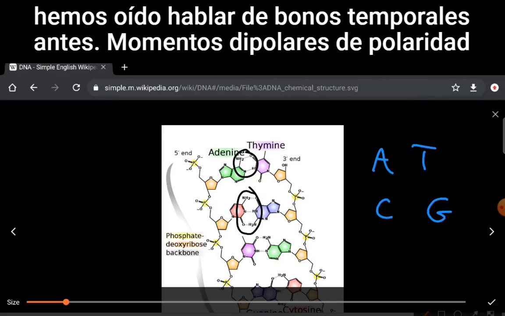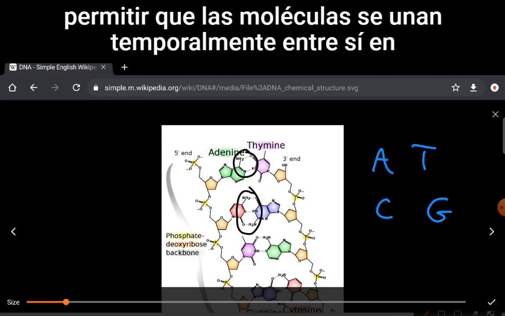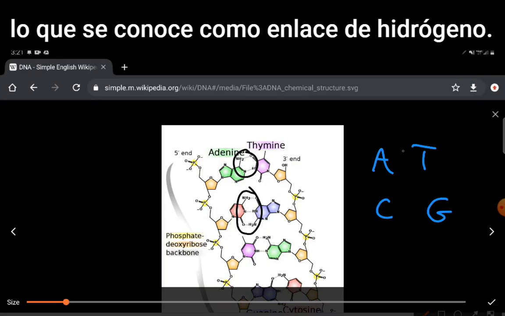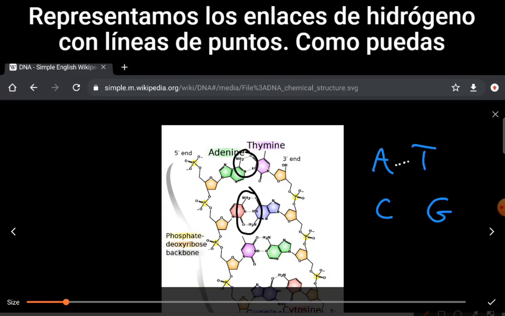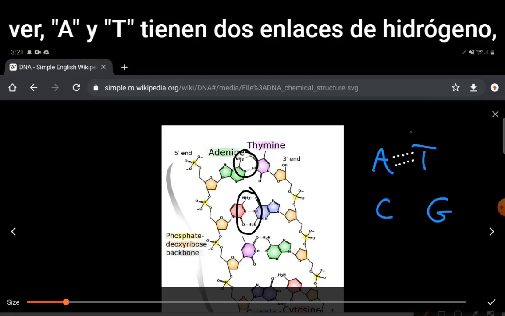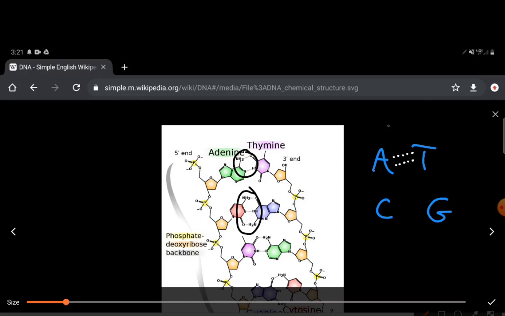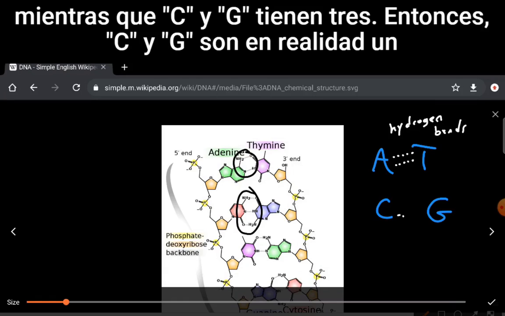Dipole moments of polarity allow for molecules to temporarily bind to each other in what's known as hydrogen bonding. We represent hydrogen bonding with dotted lines. As you can see, A and T have two hydrogen bonds, whereas C and G have three.